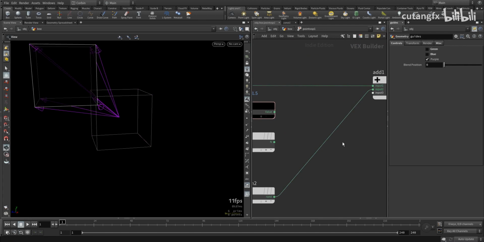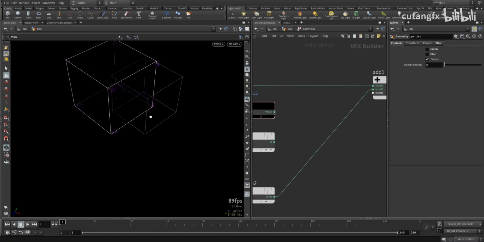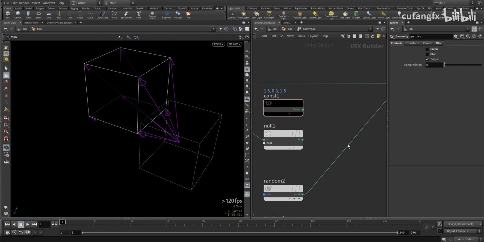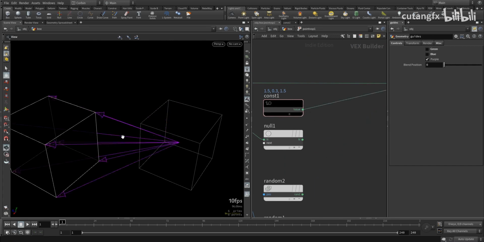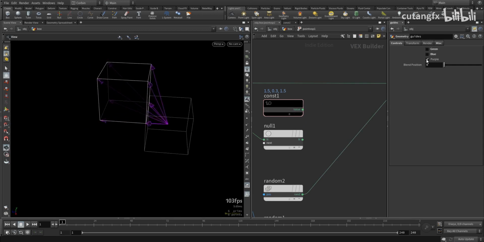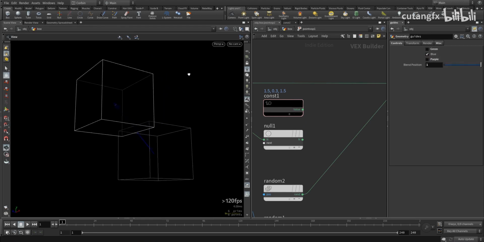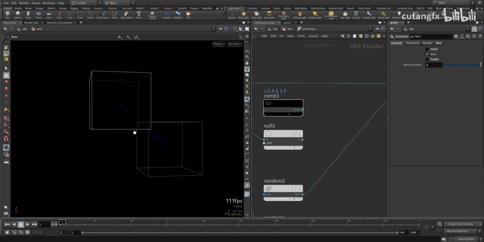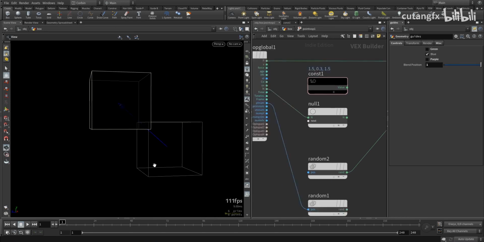So if I place that there, you'll see that our cube has moved again. Now it has moved to a different position to our constant, but it still has maintained the exact cube shape, and that's because it's moving. You'll see our blue vectors are all identical. In other words, if I move it to the center, you can see when they overlap that it is literally just picking the same vector no matter which point.